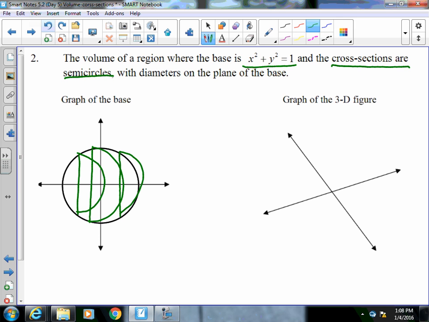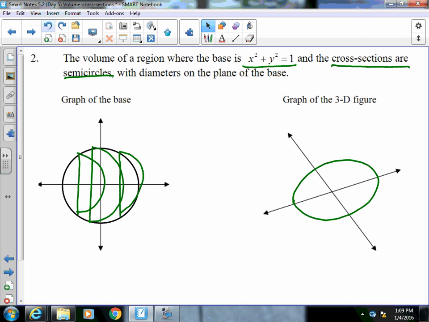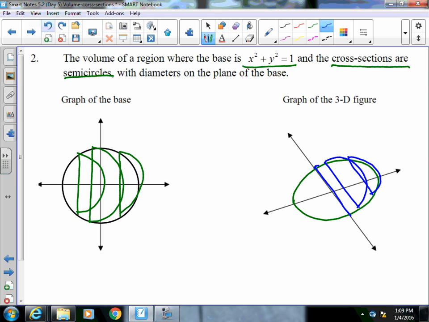So we have our base circle, which looks a little oblong because we're going three-dimensional. And then we have some semicircles that are sticking out from those shapes.